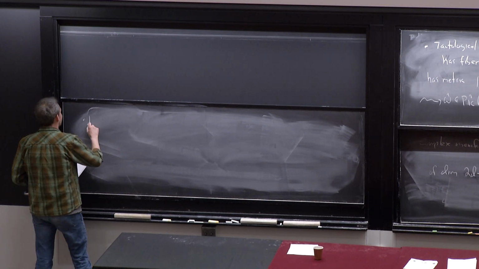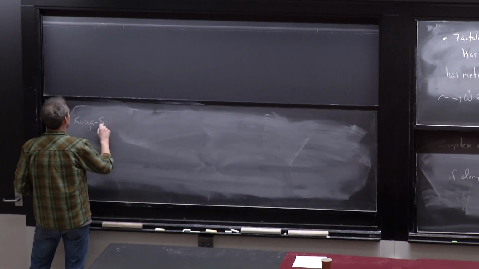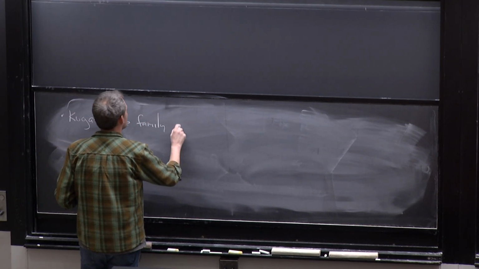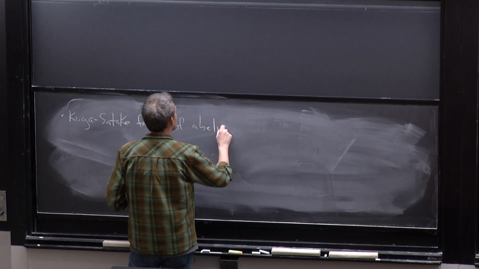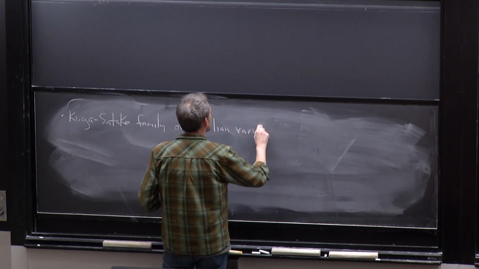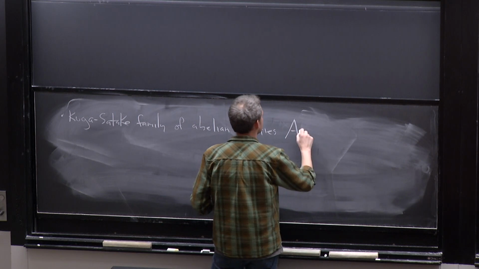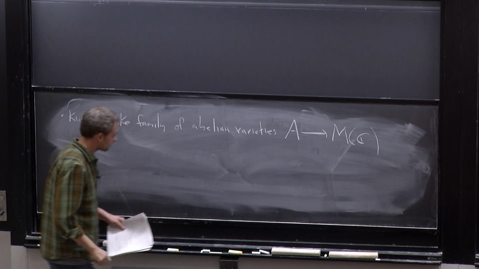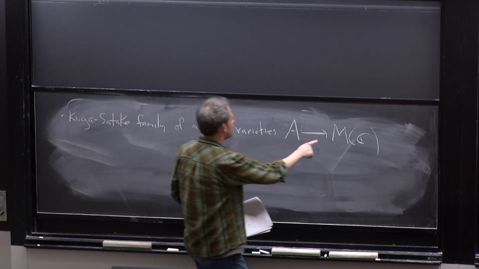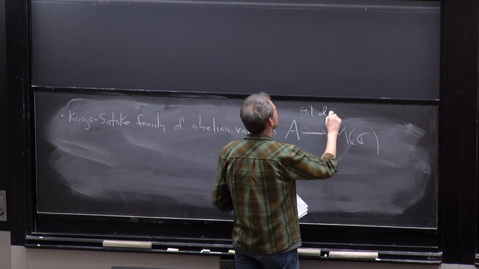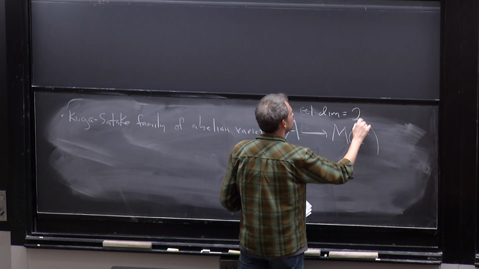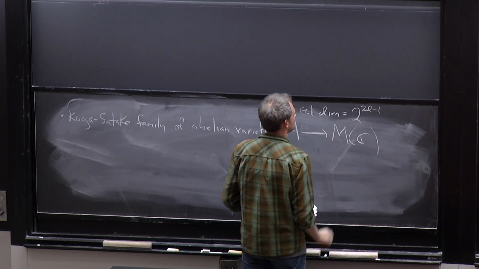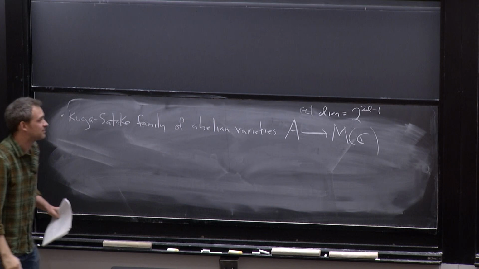So there's a Kuga-Satake family of abelian varieties that I'm going to call A. At the moment, everything is still complex, so I'll keep writing M of C. It's huge. I mean, every fiber, so the relative dimension is 2 to the 2D minus 1. So it's a big abelian variety.